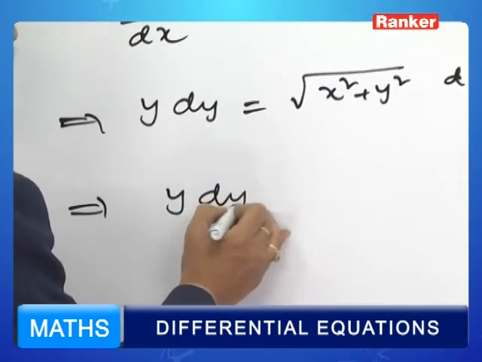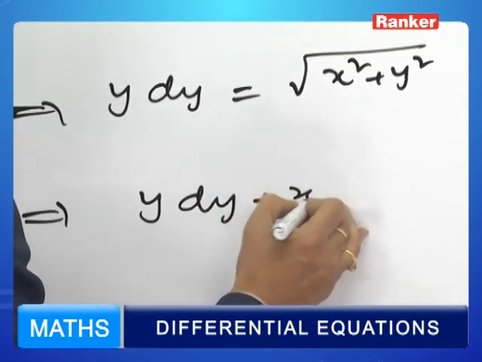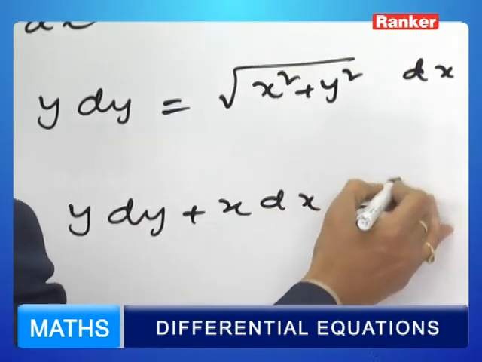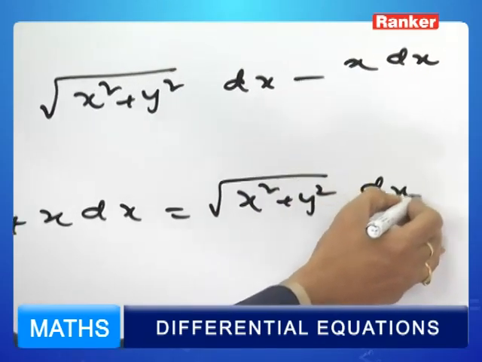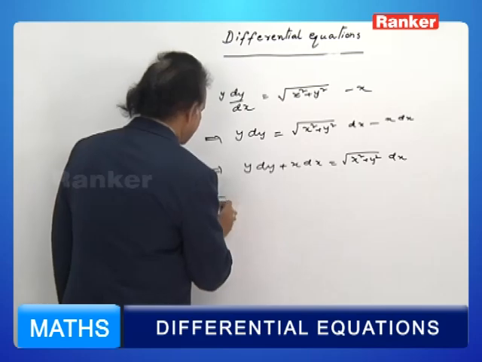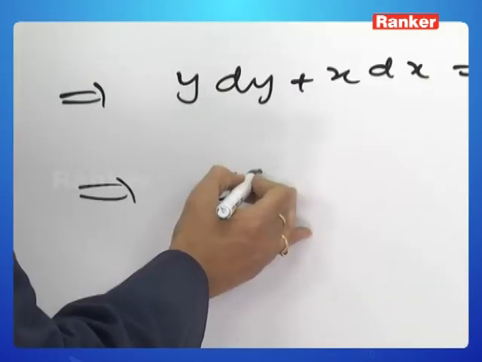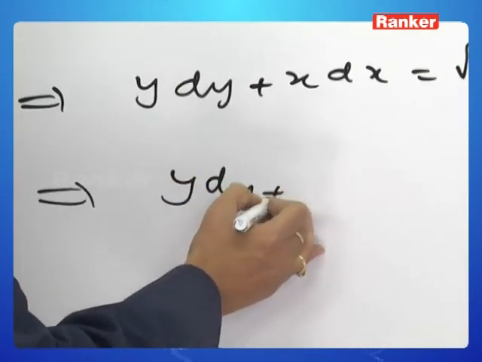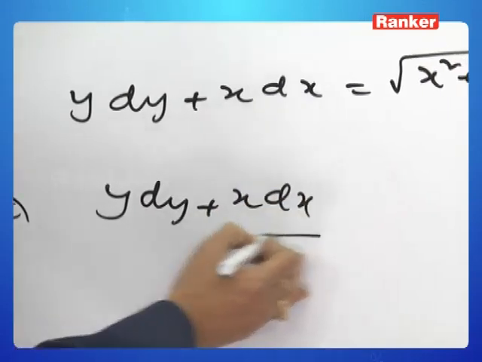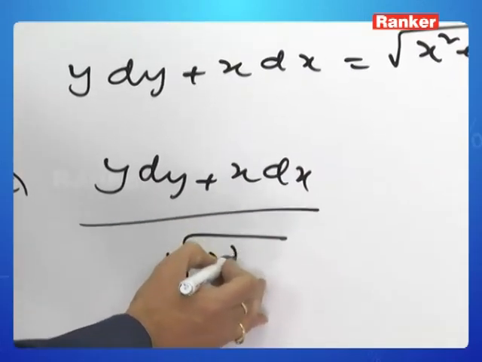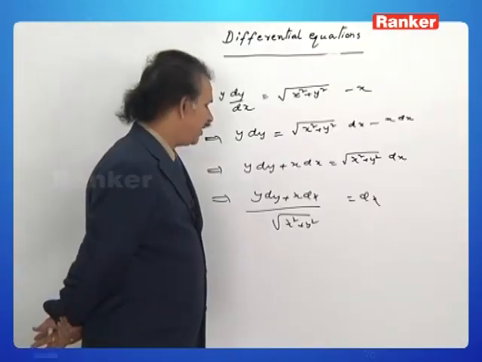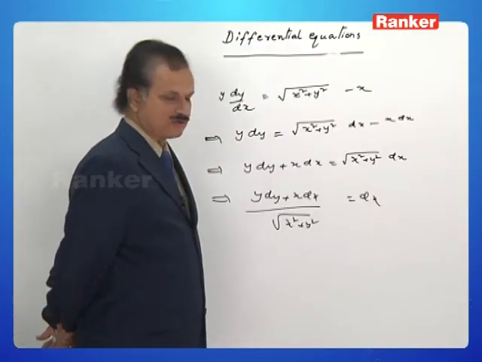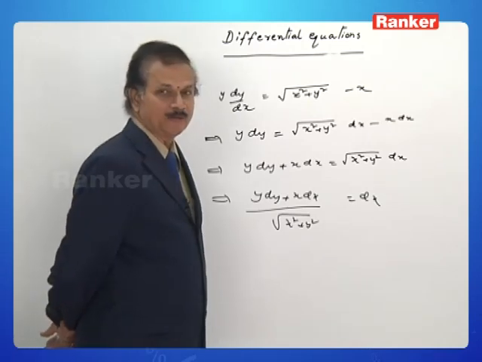This implies y dy + x dx = √(x² + y²) dx. This implies (y dy + x dx)/√(x² + y²) = dx, correct?